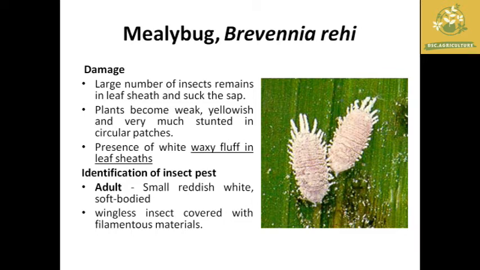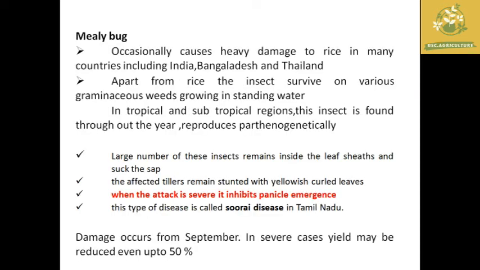To know about the mealybug presence, there is white waxy fluff in the leaf sheath, where we can see the adults. On identification of the pest, small reddish white soft bodies are present in the rice, and they are wingless insects covered with filamentous white material. That is how we can see the mealybug.